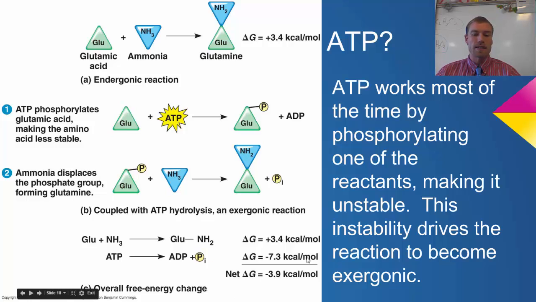And so if we combine that together, the net reaction is negative 3.9 kilocalories. And so overall, this is an exergonic reaction because we have coupled the exergonic reaction of the ATP hydrolysis with the endergonic reaction of the glutamic acid combining with the ammonia. So this is the way that a lot of reactions work with ATP. We attach that phosphate group, we use that free energy in order to drive the reaction forward.